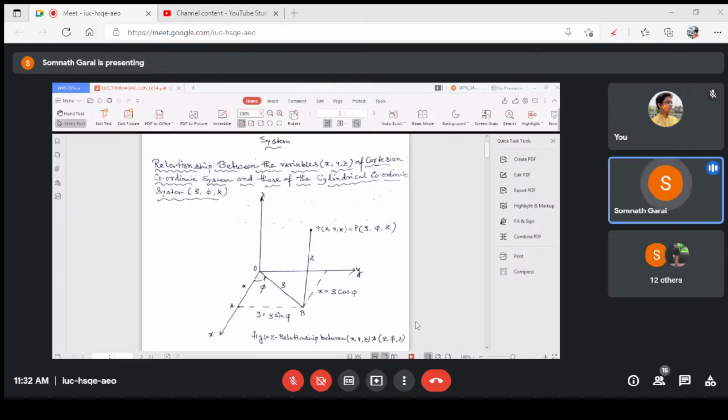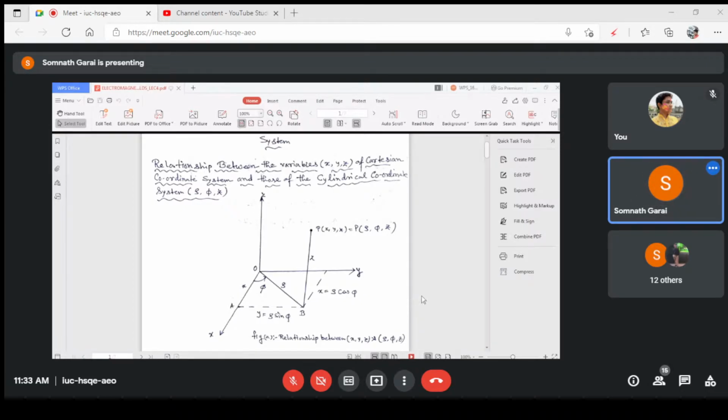So the interrelationship between the Cartesian coordinate system and the cylindrical coordinate system, and between the Cartesian and spherical coordinate systems, is very important, right? Now first we discuss the relationship between the variables of the Cartesian coordinates x, y, z and the cylindrical coordinates rho, phi, z, right?